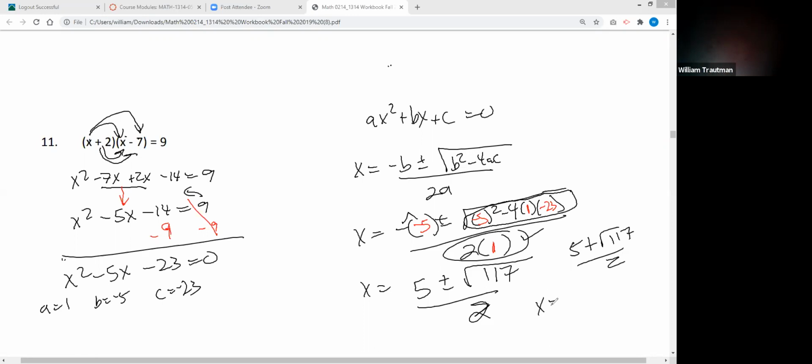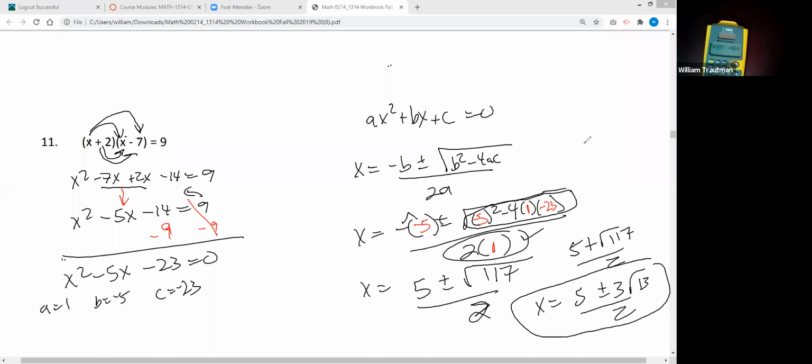And I get 5 plus or minus 3 square root of 13 over 2. I know the 5 is on the right, but I'm putting it on the left. And in front of the square root, there should be a 3, according to my calculator, and a plus or minus in front of it.